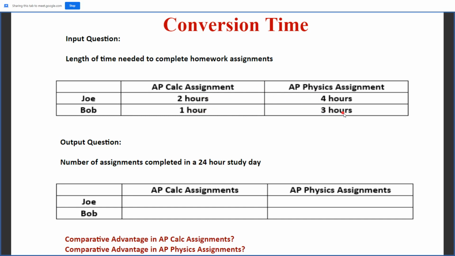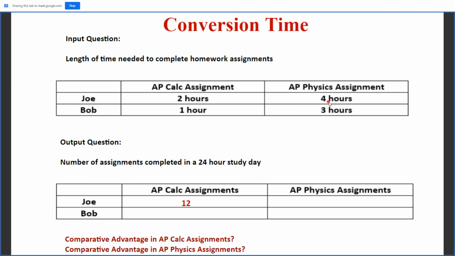So why not just convert this bad boy over into a 24-hour workday? Well, given no breaks, no food, no nothing. It's a pretty sad reality. How many AP Calc assignments can Joe complete in a 24-hour period of time? 12. So he can complete 12 assignments in that block of time.